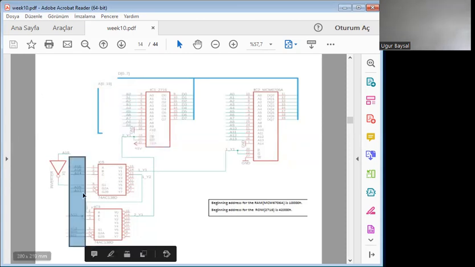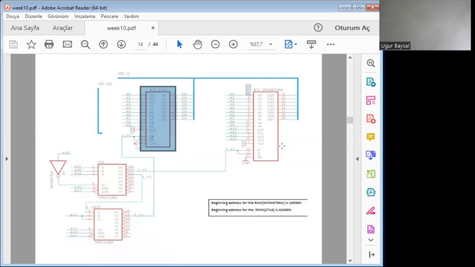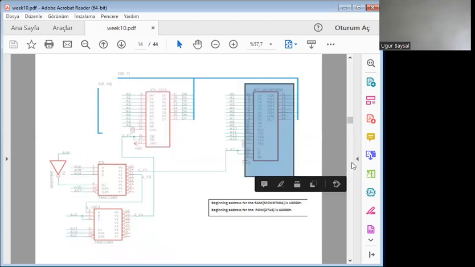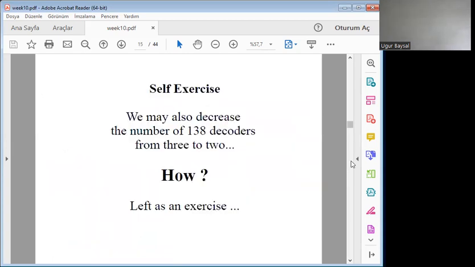The address bus lines for the decoder, starting from A19 up to A10, are given underneath. And these are the two chips for the RAM and ROM connections.